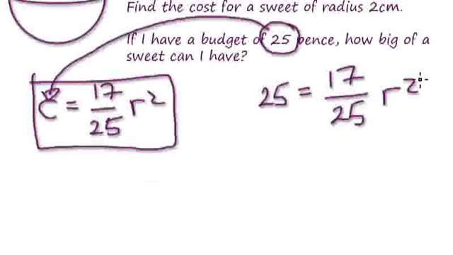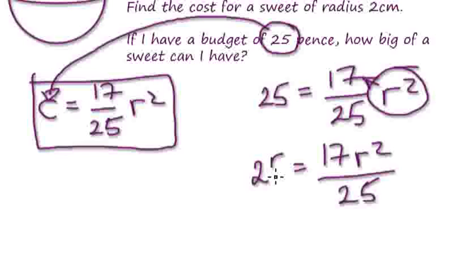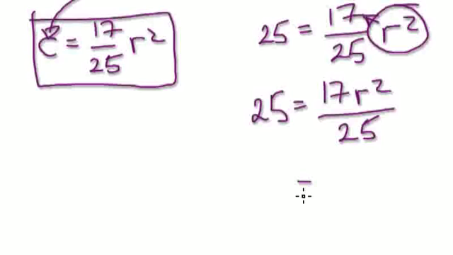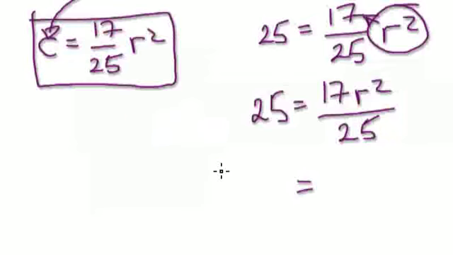Let's multiply this to the top, so 17 r squared over 25. By the way, it's just a coincidence that this is 25 as well. Now times both sides by 25, so 25 times 25 equals 625.